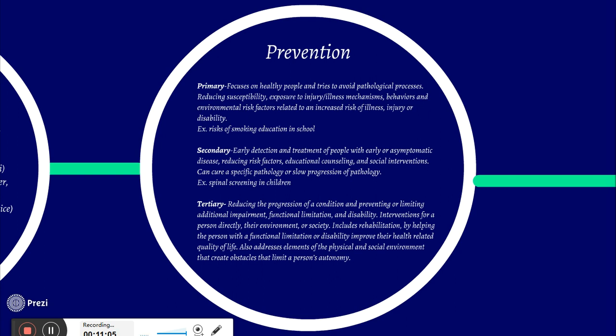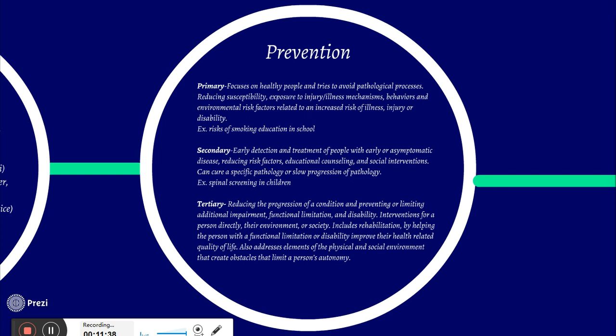Next is tertiary, which is after the condition has already been found. It's the measures that try to reduce the progression of the condition and prevent or limit additional impairment, functional limitation, and disability. Interventions can be on the person directly, their environment, or society. This includes rehabilitation, helping the person with a functional limitation or disability improve their health-related quality of life.